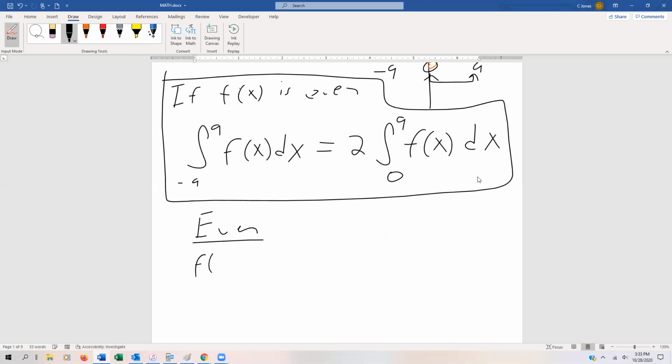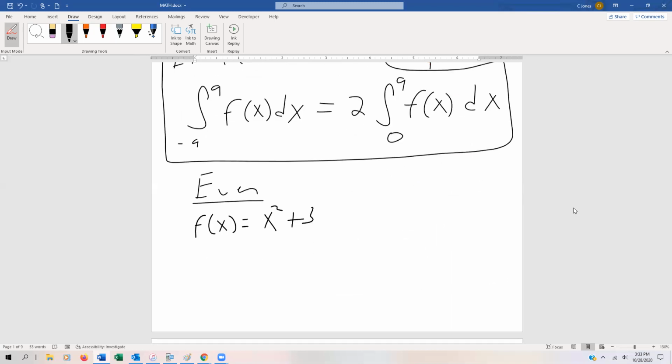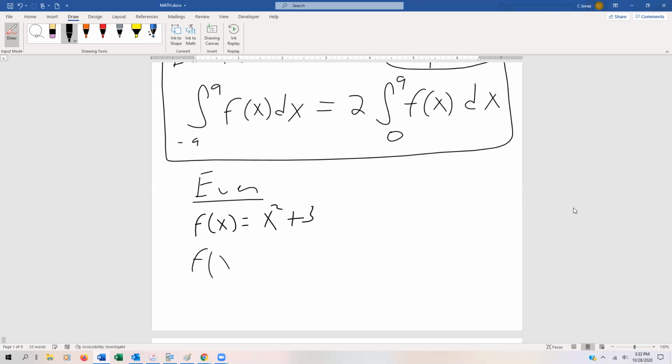Right? So we already said x squared, but x squared plus 3 is even. Right? Another even function would be something like x to the 60th plus x squared plus pi. Right? Notice that all of the exponents are even. And isn't it true that we could write 3 as 3 x to the 0 power or pi as pi x to the 0 power?